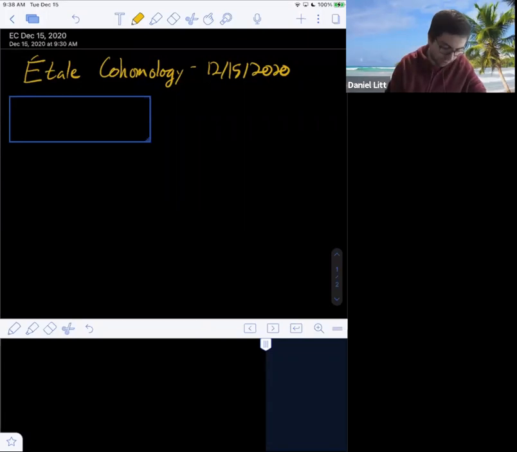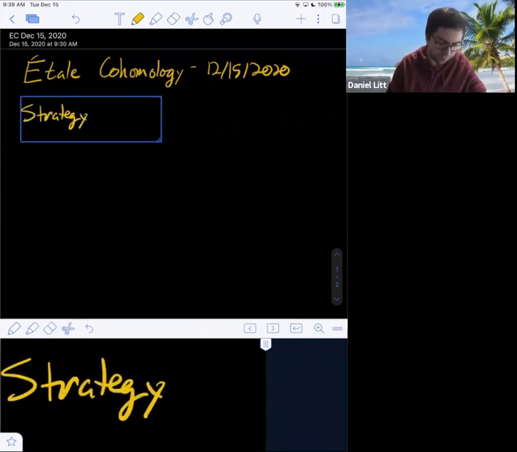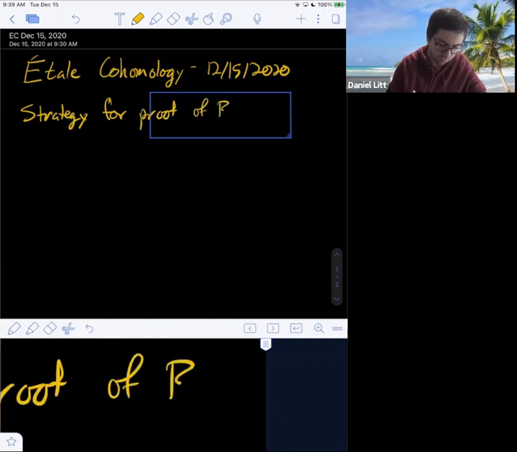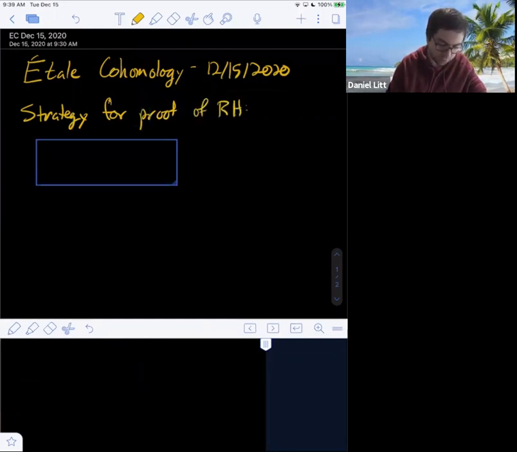So let me remind you what the strategy for the proof of the Riemann hypothesis was. We reduced to the following claim.